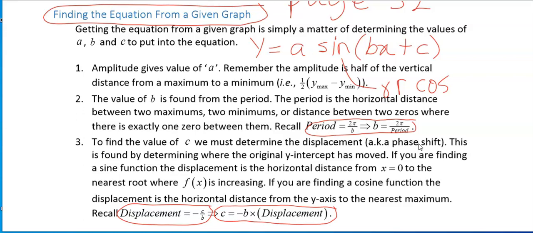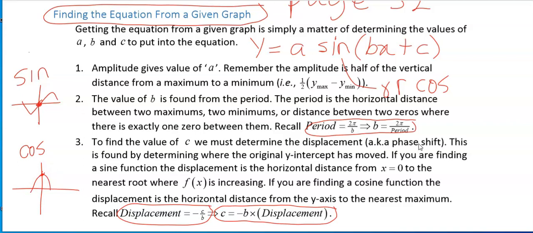It's vital to notice if they want the equation as a sine function or if they want it as a cosine function. Because remember, for a sine function, the initial point was 0, 0, right? There's your starting point. But for a cosine function, remember, the initial point or the starting point is actually a max value.